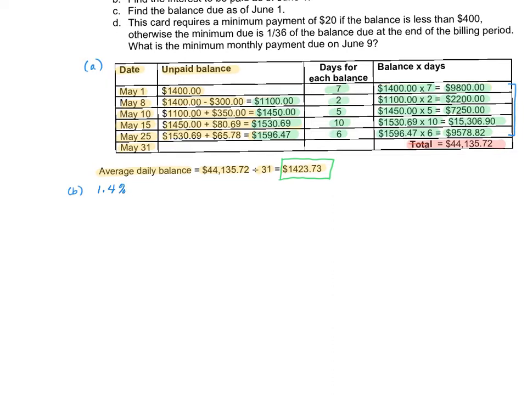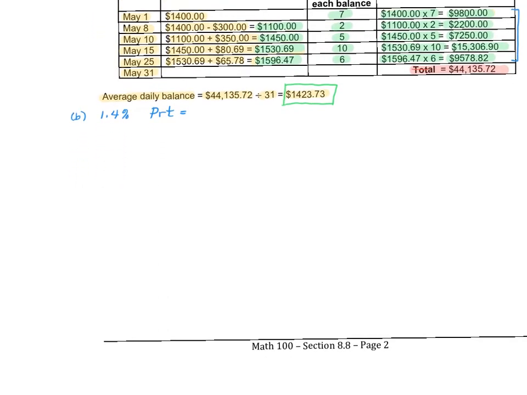So the interest is going to be that formula PRT, where P is our average daily balance, which we figured out would be 1,423.73. So we're going to multiply that by the rate of 1.4%, which would be 0.014.